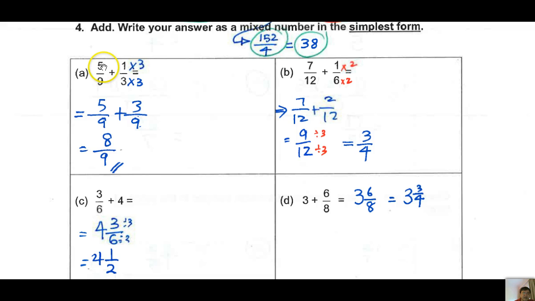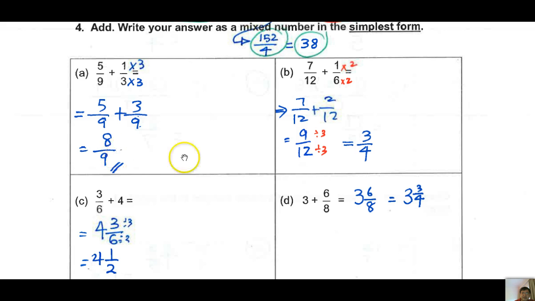We just cannot say 5 divided by 3 gives you something. So the easier way is to convert the denominator 3 to 9. So 3 times 3 is 9, and 1 times 3 is 3. Can you see? So this way you can add with the same denominator. 5 plus 3 is 8, so 8 over 9.